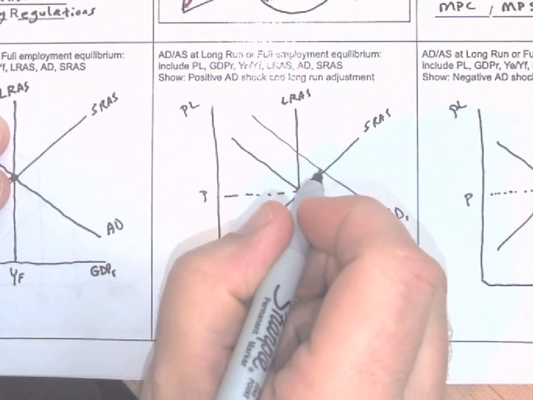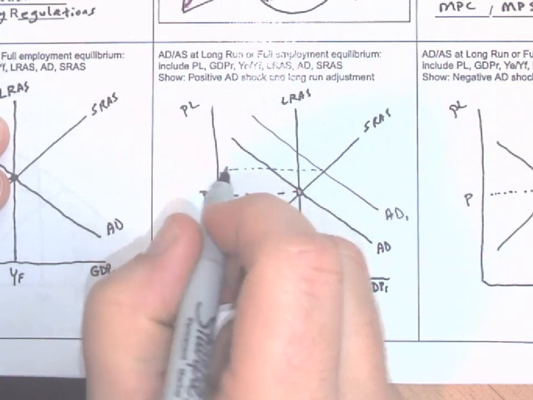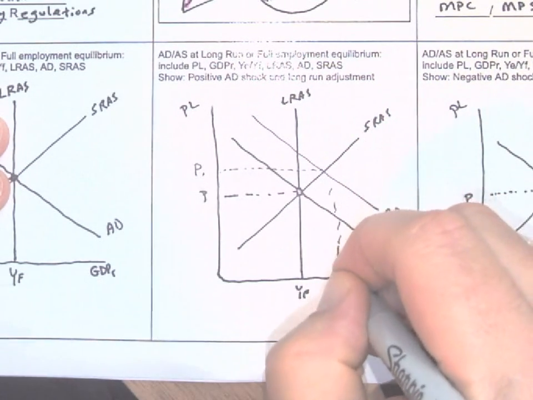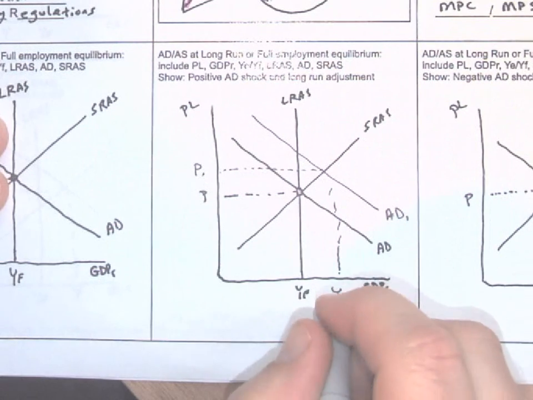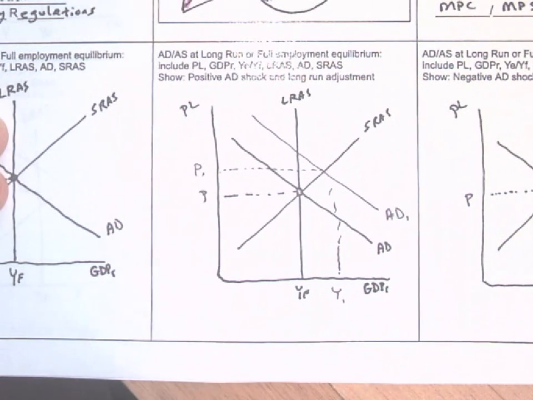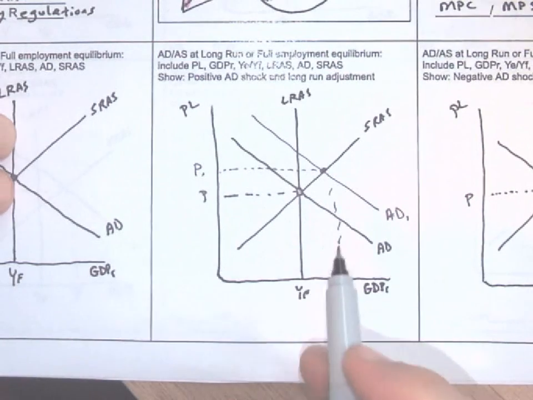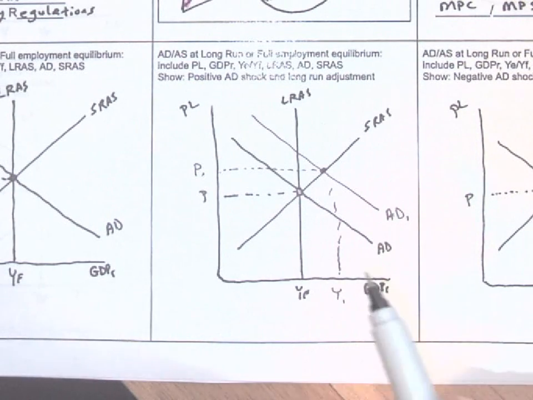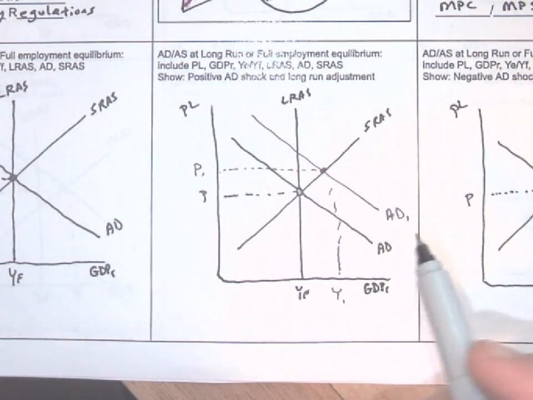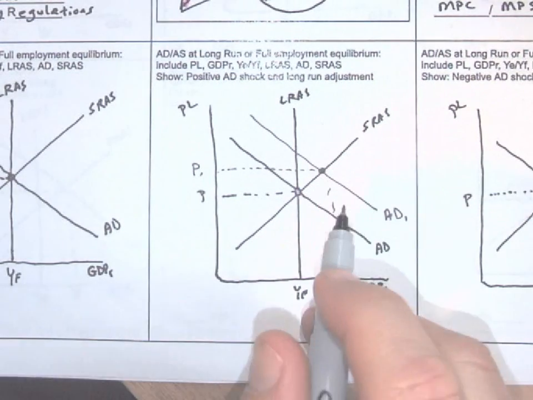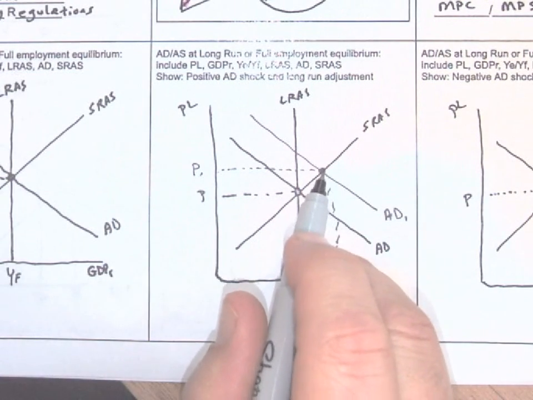When this happens, it's going to put us into an inflationary gap, at price level 1. That inflationary gap is going to be to the right of full employment, and we'll call that Y1 also. When we're in this inflationary gap, businesses are doing well, there's a lot of demand, people want their stuff, and right now in this short-run equilibrium, prices and wages are sticky, so we're going to be stuck here for a little bit.